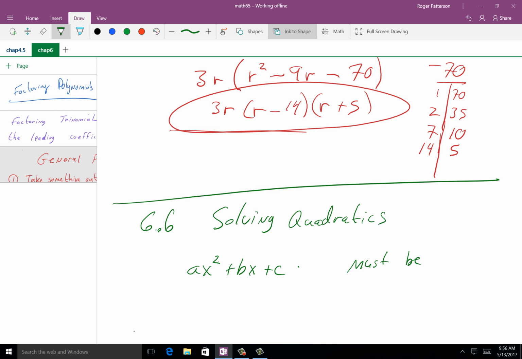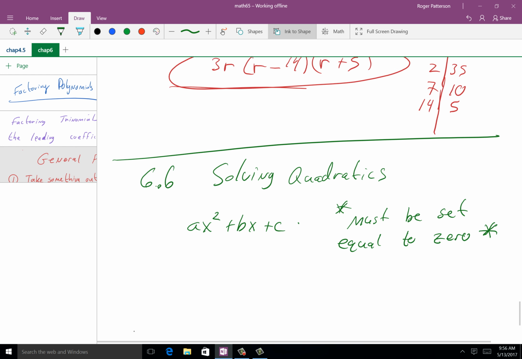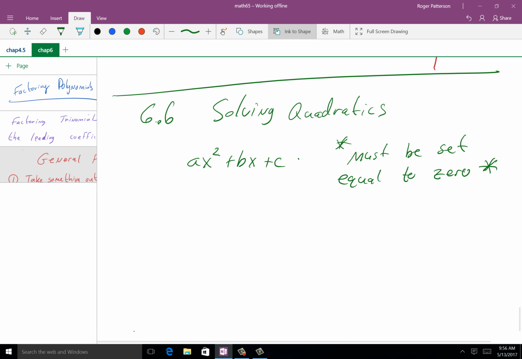If I have two quantities, say A and B, and I multiply them, and they're set equal to 0, then one of two things is true. Either A equals 0 or B equals 0. That's what the zero product property says.